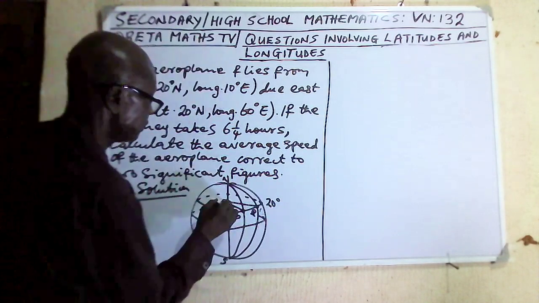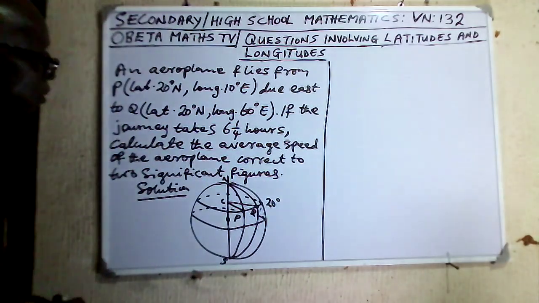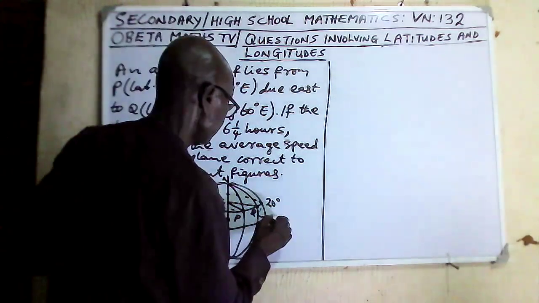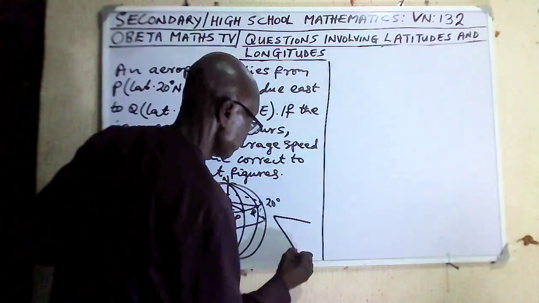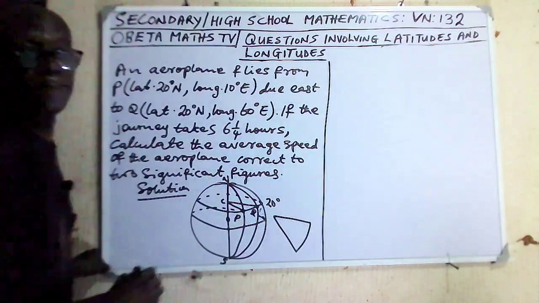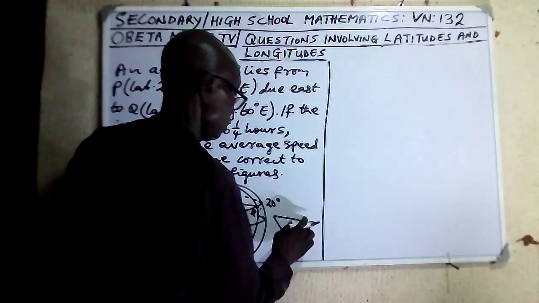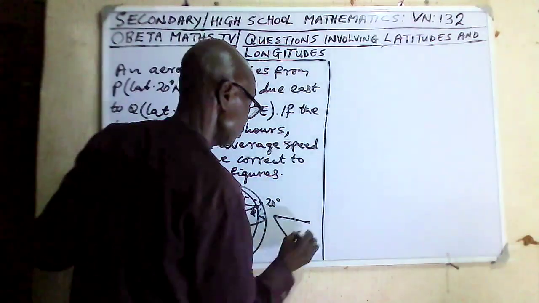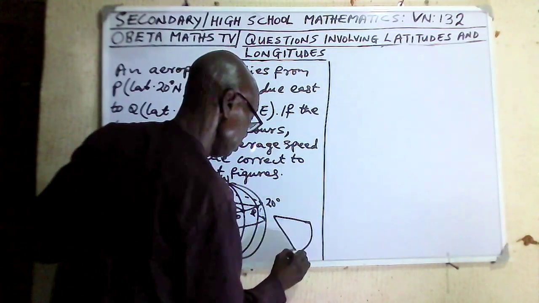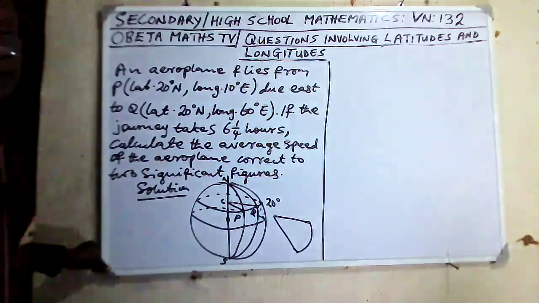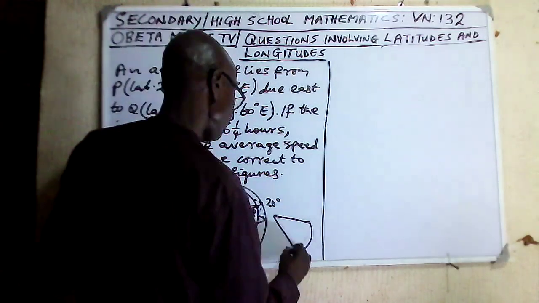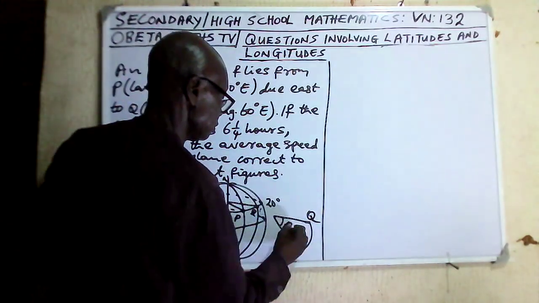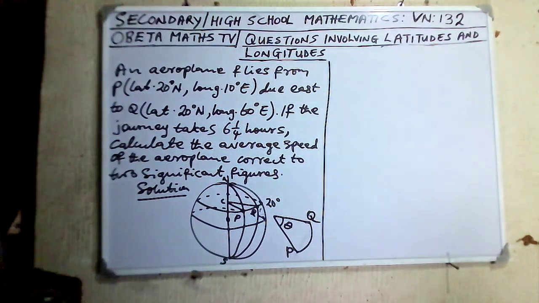So we are talking of this and this. For us to continue, we have to bring it out and have something like this. Then we have our P, we have our Q. Let's represent this angle by theta.